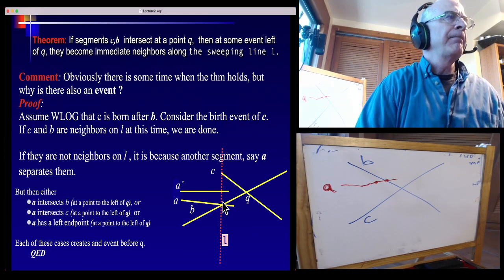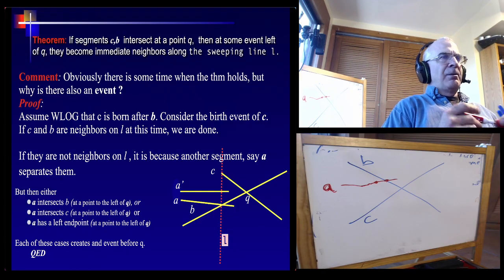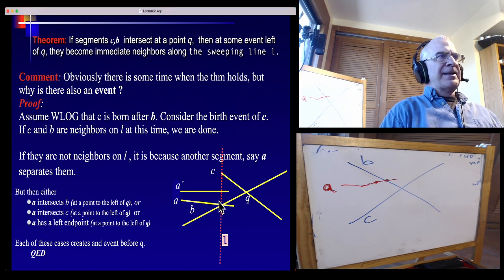Correct? I mean, it's a bit hand-wavy. It's easy to make it into a completely formal proof, but it's convincing enough. If you think about this triangle where A is separating between them, then the segment A entered into this triangle. It must exit somehow, or it must die inside this triangle.